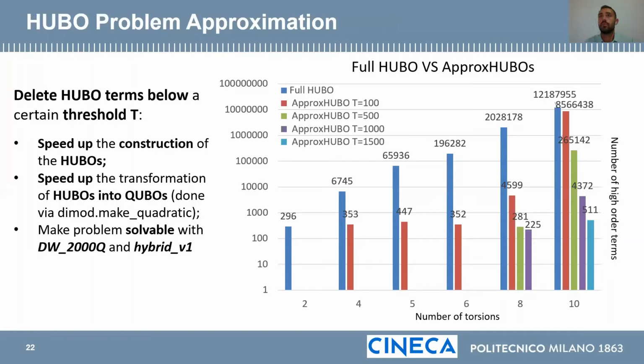On the plot on the right, you can see that the blue columns are the full UBOs, and then we approximated it with an increasing threshold going from 100 to 1500. As you can see, the number of high-order terms decreases, increasing the threshold of the approximation.